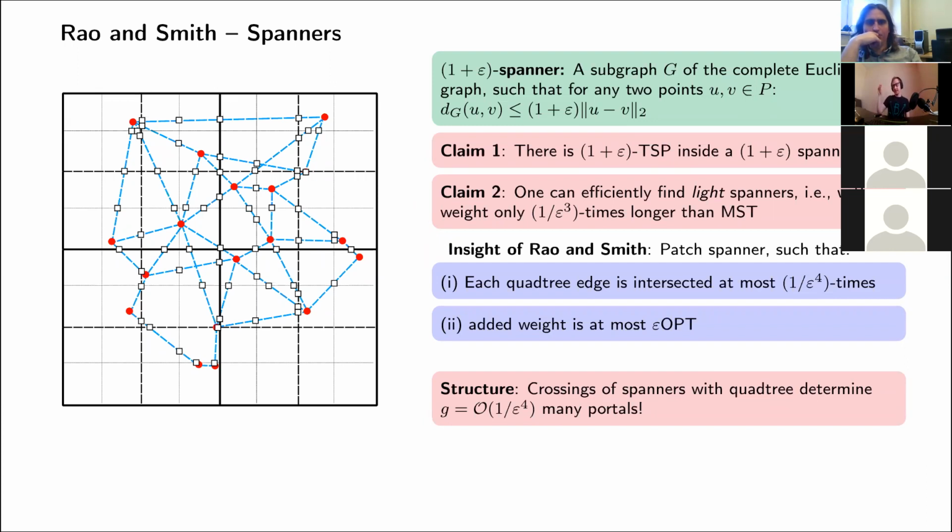Yes, because we now know that there exists a 1 plus epsilon approximation that uses only these portals of Rao and Smith. And now note that this is a super dramatic improvement over what Arora had, right? It is a constant, whereas the Arora argument had log n many portals always.